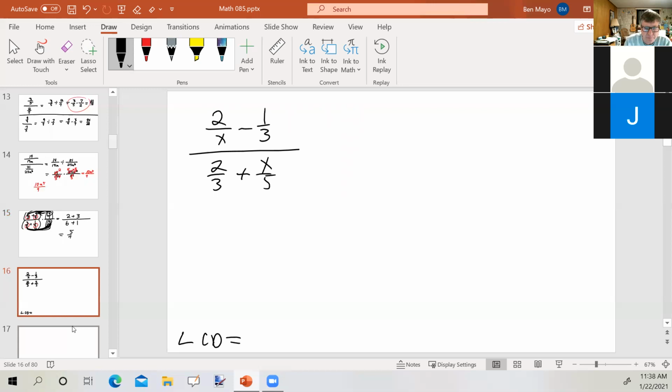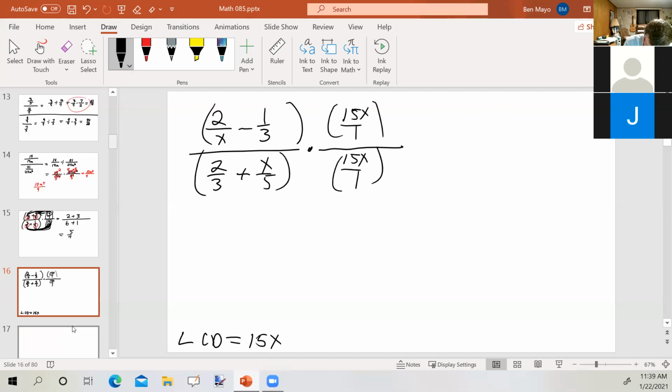Anybody? Well, it's going to be 15x. So I'm going to multiply the numerator by 15x and the denominator by 15x.